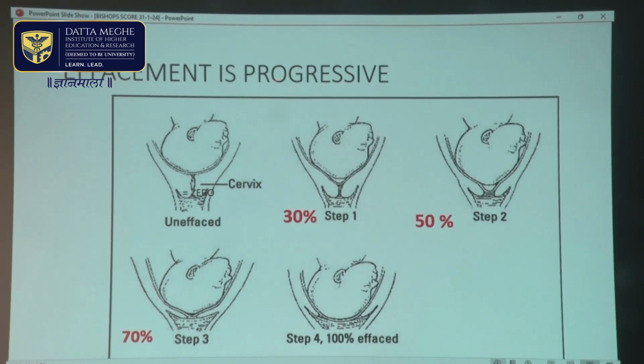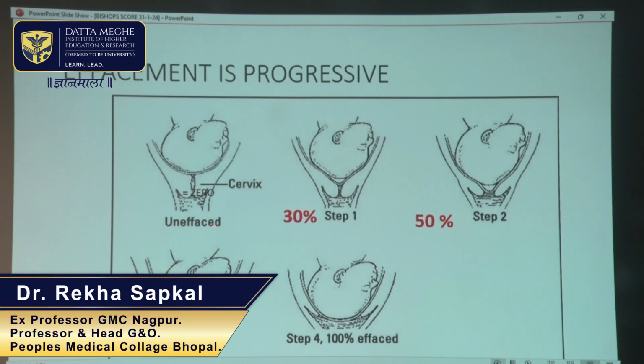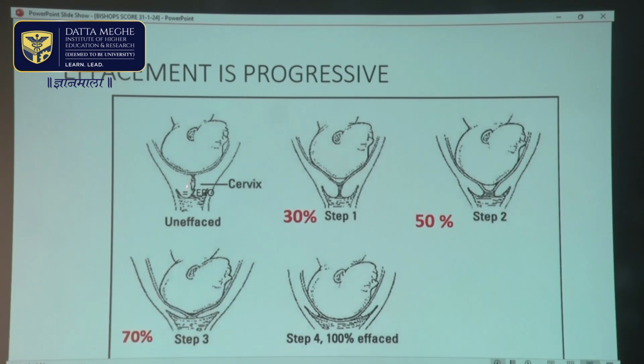This effacement of the cervix is progressive and it enhances with the onset of true labor pains. But whenever there is ripening of the cervix, initially the cervix is uneffaced before the activation phase. It is long, of normal length. External os is closed, internal os is also closed. This is described as an uneffaced cervix.